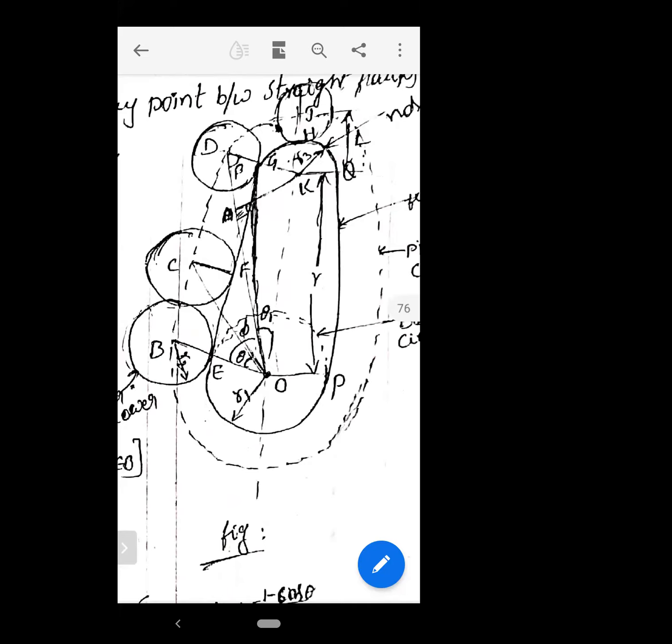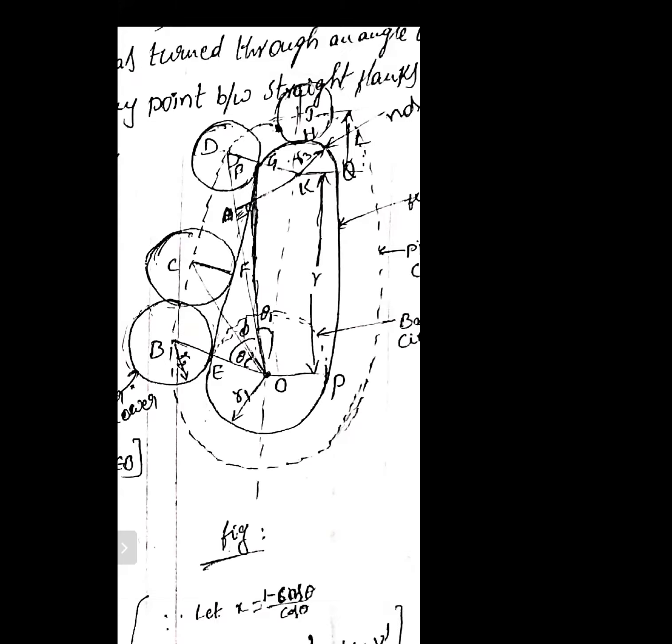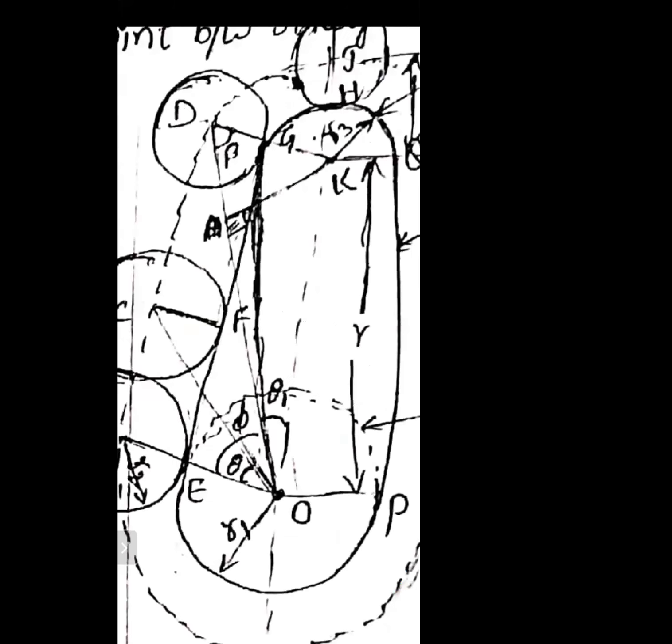Theta 1 is from D to J, DOJ is theta 1. And the triangle KAD is our beta angle.